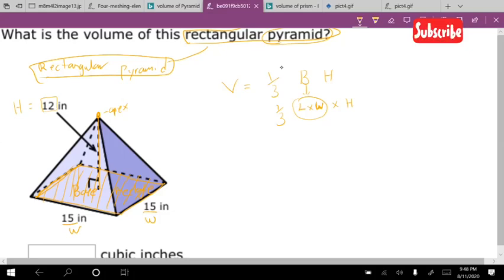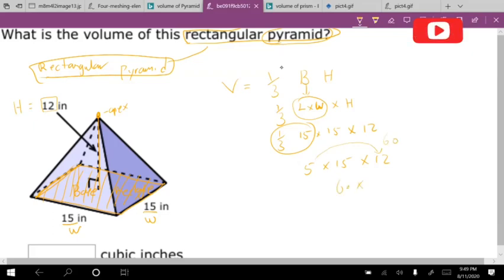We know the height is 12, so that's going to be 1/3 of 15 times 15 times 12. 1/3 of 15 is 5. 5 times 15 times 12. 5 times 12 is 60.